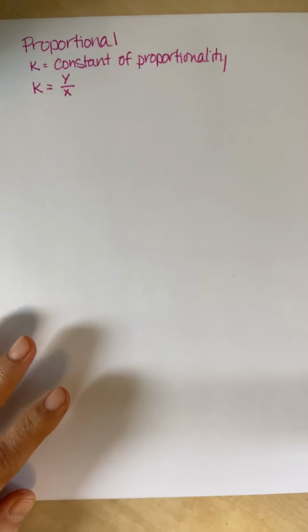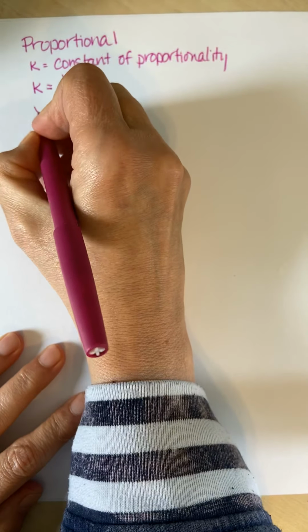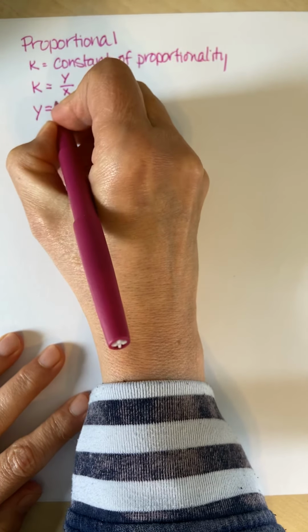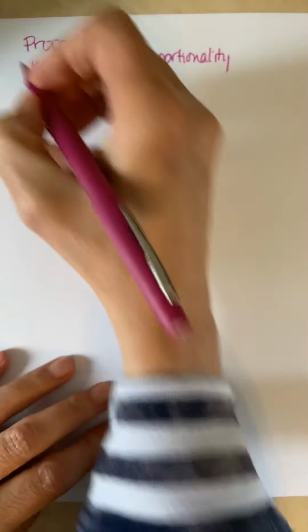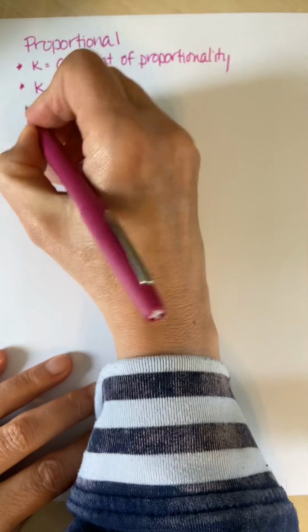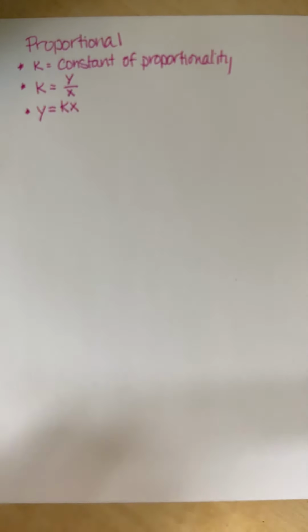So your constant of proportionality is always your y over x. Your equation is always y equals k times x. Okay? So those are the three things that definitely help you find k or help you write the equation if you know your constant of proportionality.